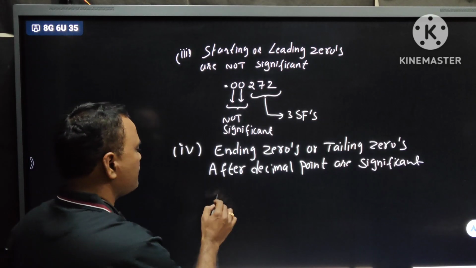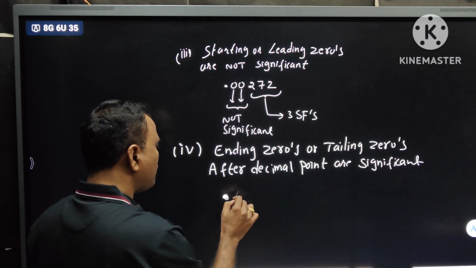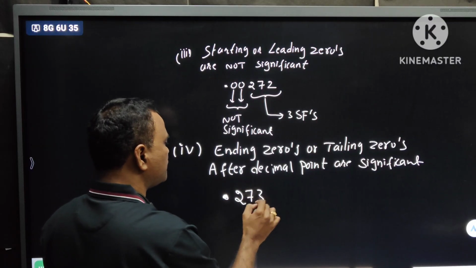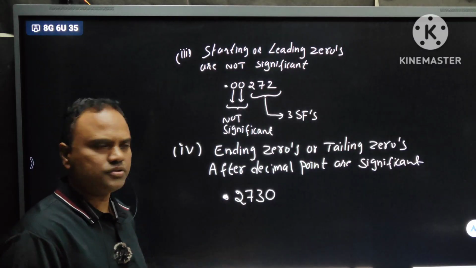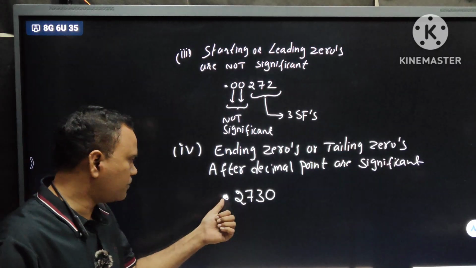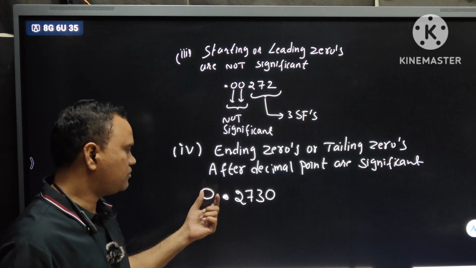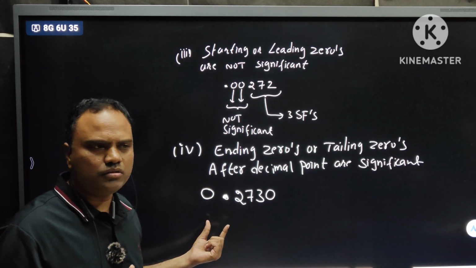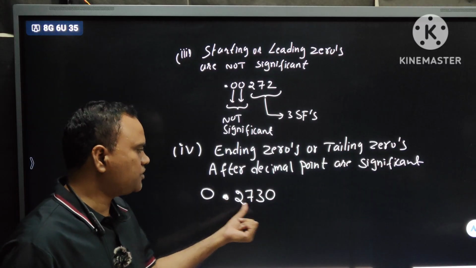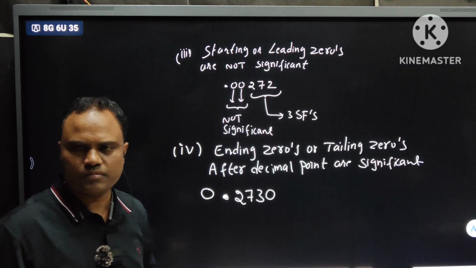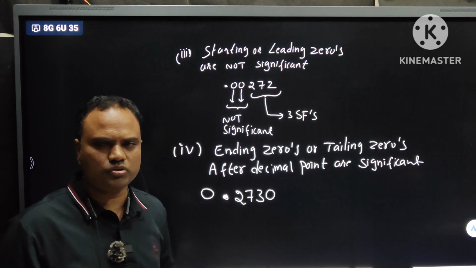Look at this: 0.2730, after a decimal point. See one important point: 0.20. For the symmetry, I can take 0, but this has no importance. After a decimal point onwards, 0.2730 or .2730, both are the same only.